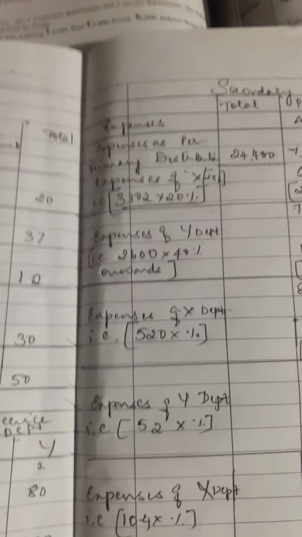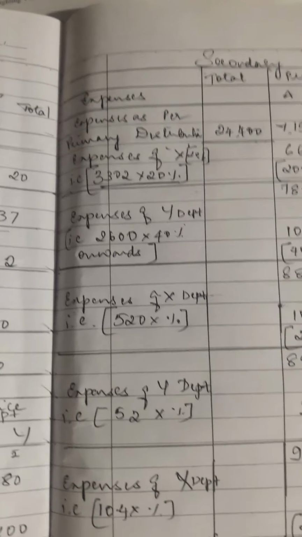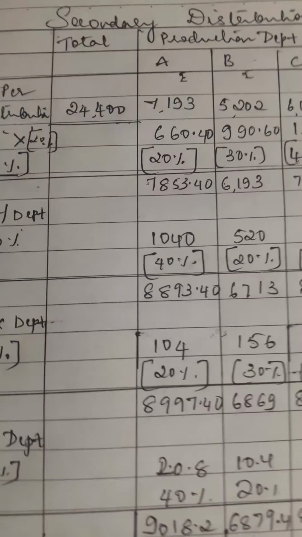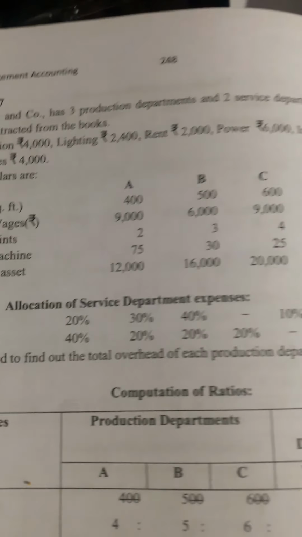Now the next step is, after X department, you have to take expenses of Y department. That is, the expenses of Y department total will be 2,600. This you have to redistribute. What percentage as per given in the problem? See, in the problem you can see 40%.